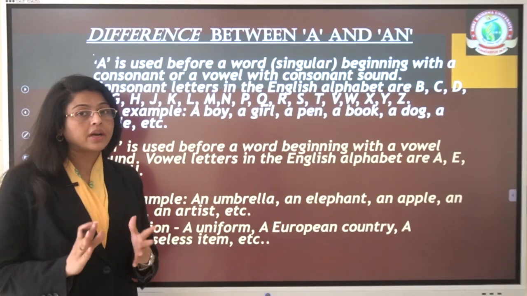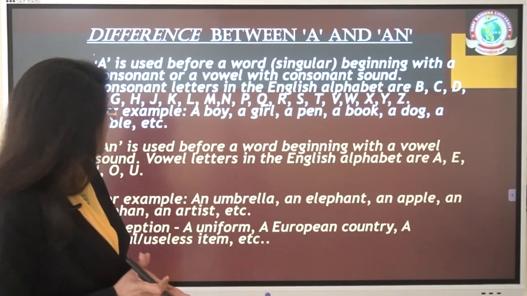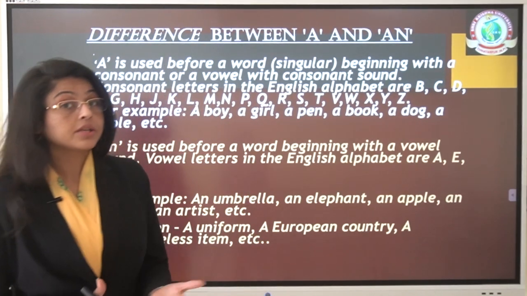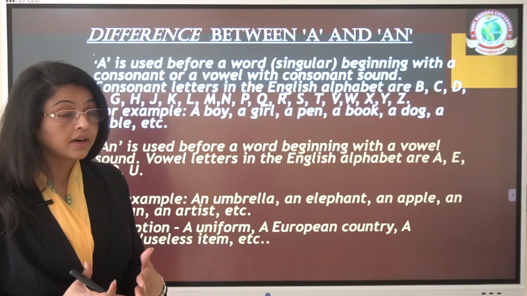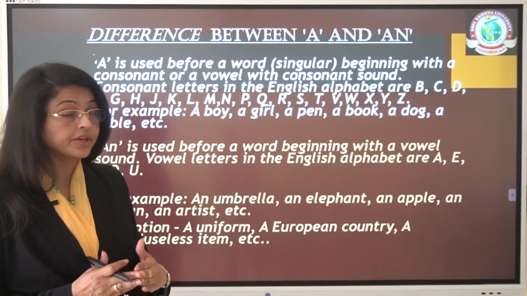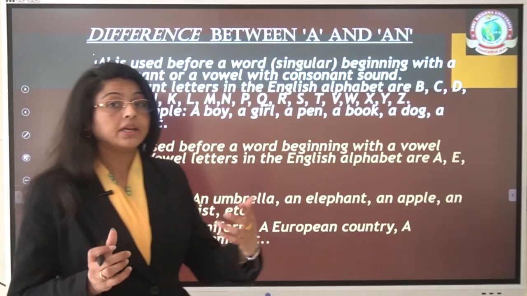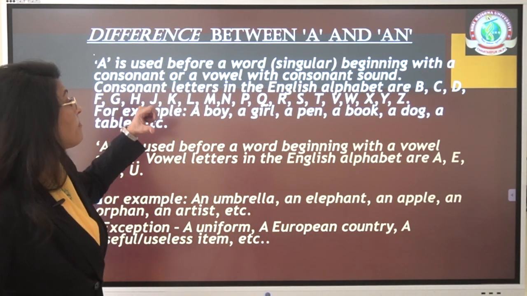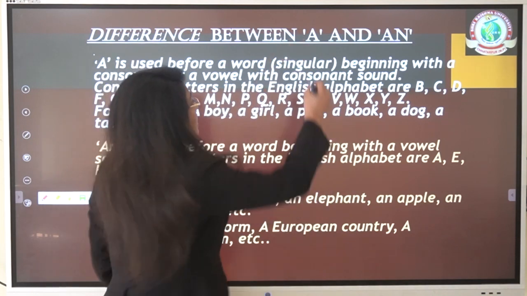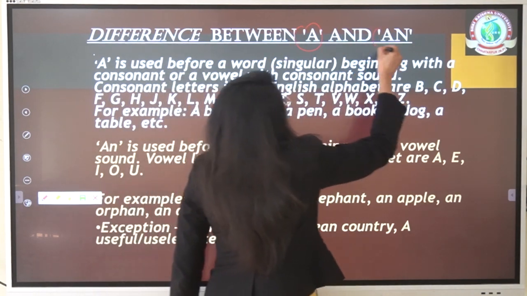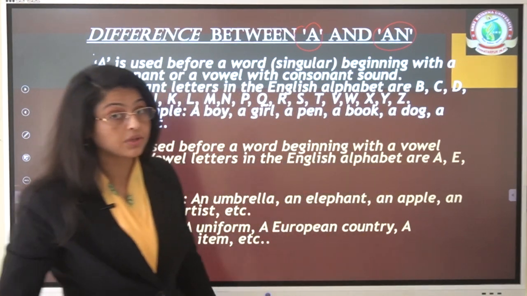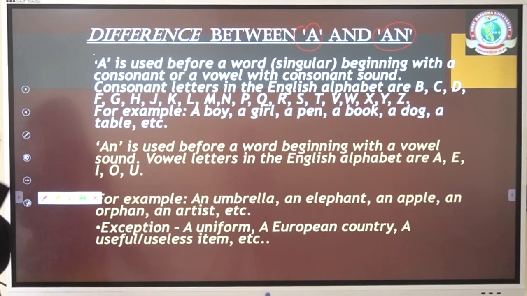Okay, so now we are basically going to concentrate on the indefinite articles. As I already told you, indefinite articles are the common articles which are used in front of the common nouns, most of the common nouns. Now let's begin with a. You already know these are always used in front of singular nouns, never in front of plural nouns.